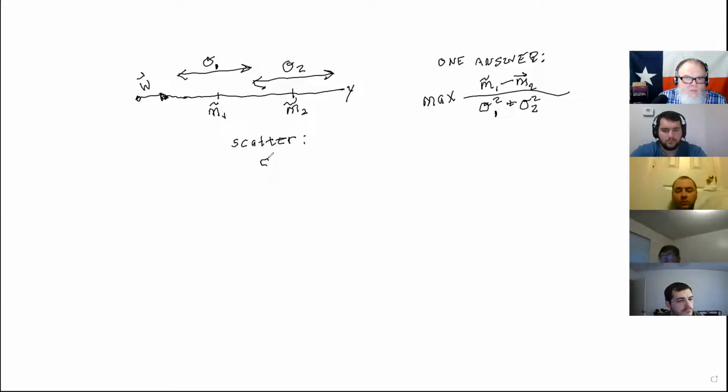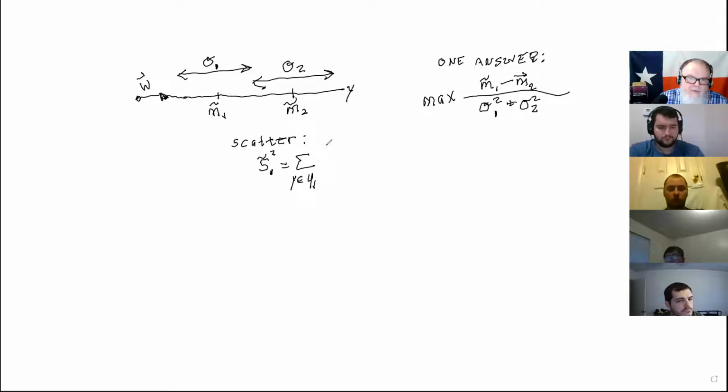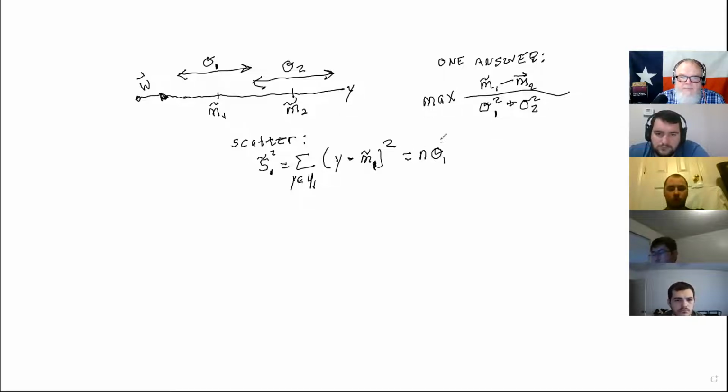So the scatter S1 squared is equal to the summation over all of the y in Y1 of (y minus m1 twiddle) squared. If we divided this by n1, it would be equal to the variance. Do you remember that equation? So this is nothing more than n1 times sigma 1 squared.